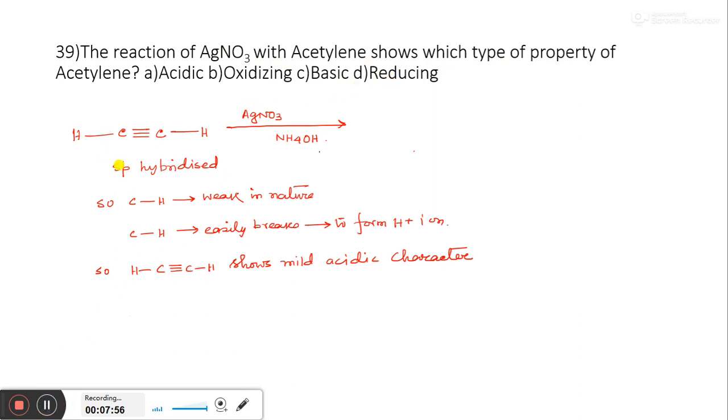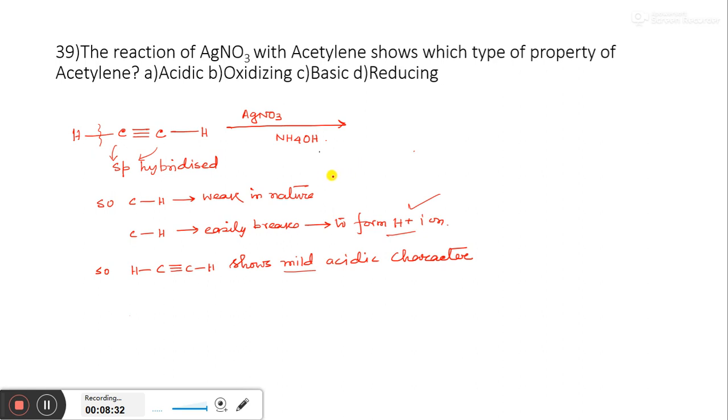The molecular formula of acetylene is H2C2 and the structure is H single bond C, triple bond C, single bond H. In this molecule, carbon is sp hybridized, and we know when carbon is sp hybridized then the CH bond is weaker, and because the CH bond is very weak in nature, this bond easily breaks to form H plus ion.